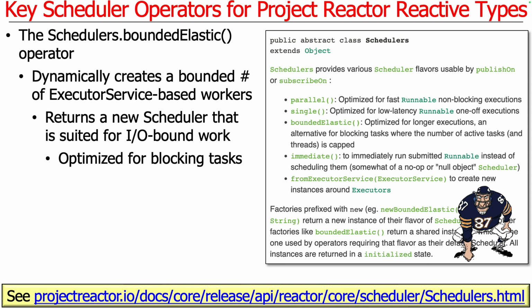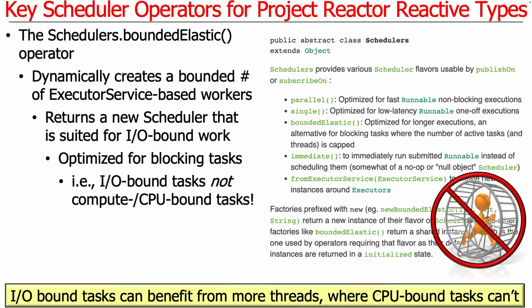So it's optimized for blocking tasks, unlike the other thread pools which are not optimized for blocking tasks. In particular, parallel is not optimized for blocking tasks, it's for non-blocking tasks.